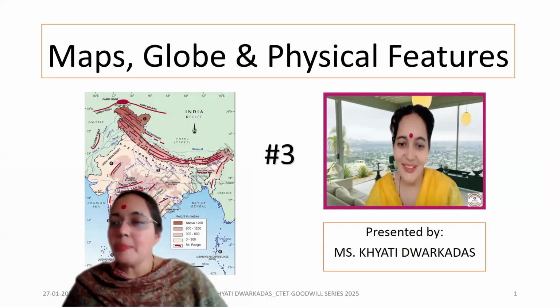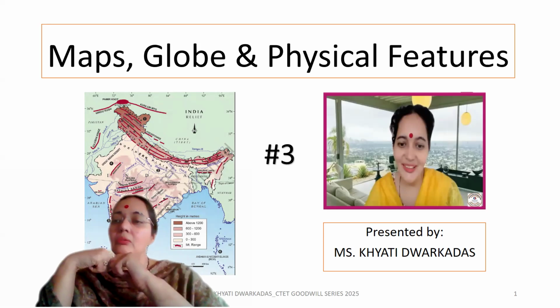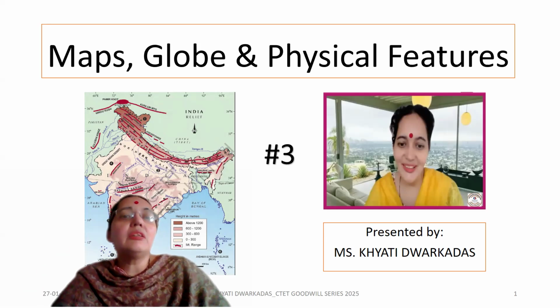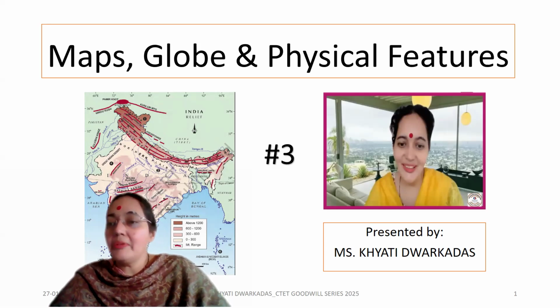And we did speak about a variety of things like the latitudes and longitudes, the prime meridian, the international dateline, how the globe is different from a map, and what we need to do in calculation of the time sums. So we've done a whole lot of things last week with a little revision as well. The kinds of maps, the components of a map, we've done all of it last week.